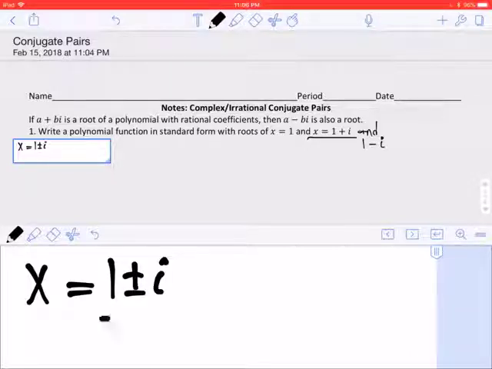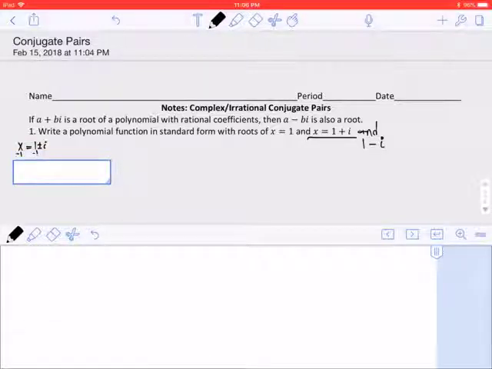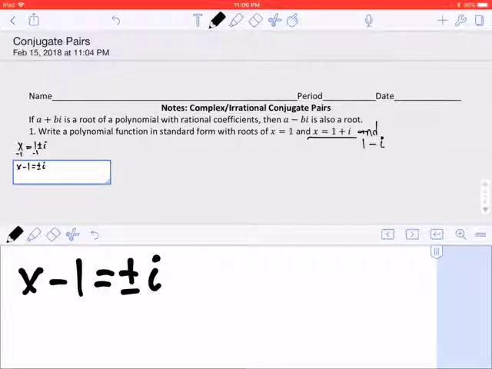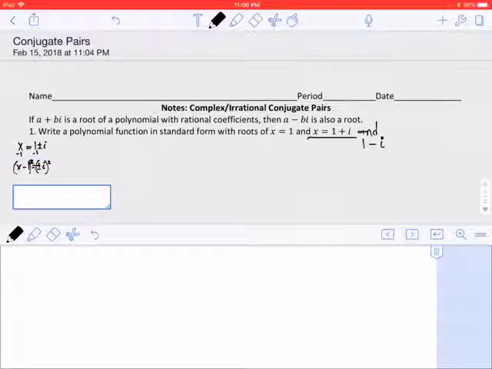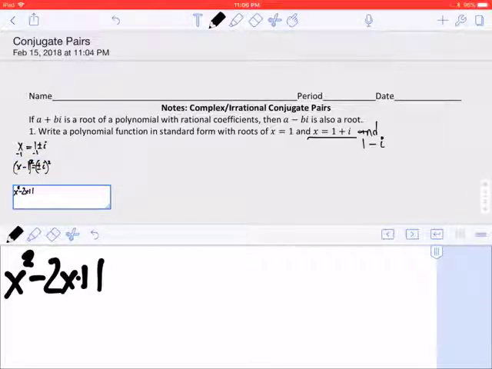And if we subtract 1 from both sides, we get x minus 1 equals plus or minus i. And then if we square both sides, notice that if we square the plus or minus, it just turns into plus. So then we'd have x squared minus 2x plus 1 equals, and we know i squared is negative 1.